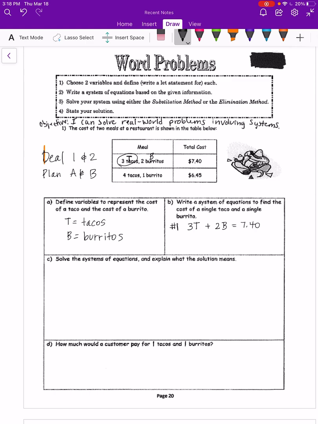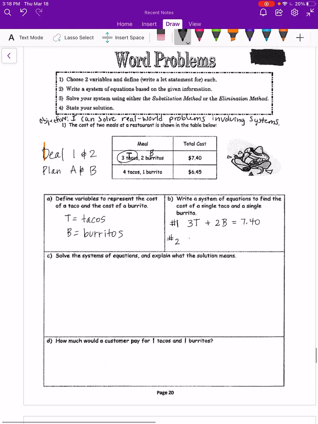Okay, so that's deal number 1. Deal number 2 is you have 4 tacos, so we're going to call that 4T, and then you have 1 burrito, and that equals $6.45. Now, with this one, you have to solve a system of equations and explain what the solution means.